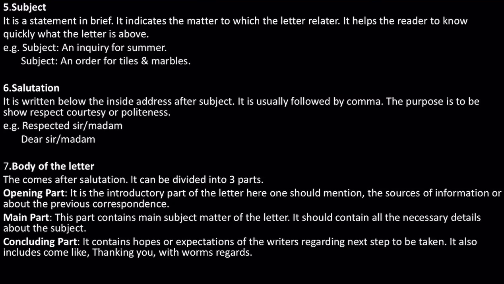This part contains the main subject matter of the letter. It should contain all the necessary details about the subject. And last is the concluding part. It contains hopes or expectations of the writer regarding the next step to be taken. It also includes things like thanking you or with warm regards.